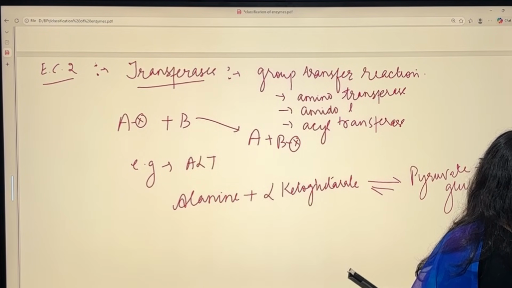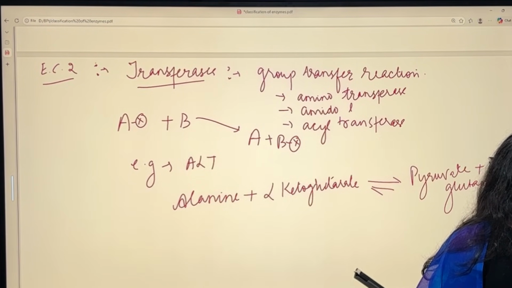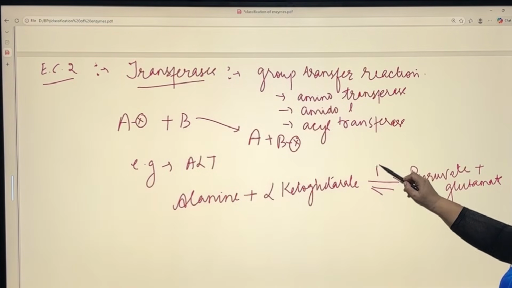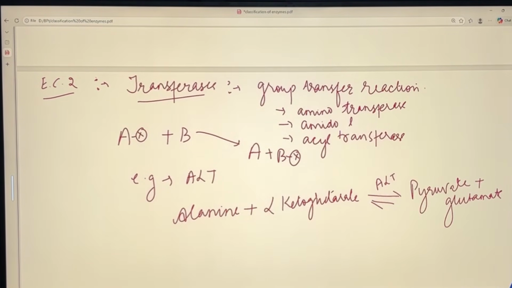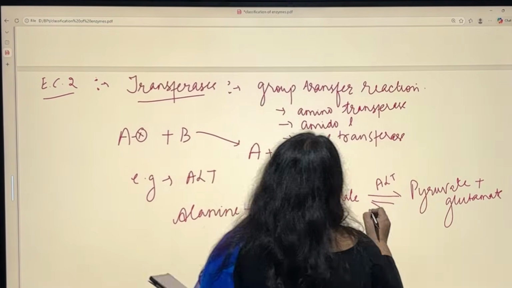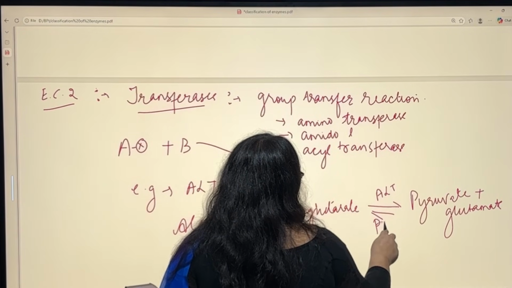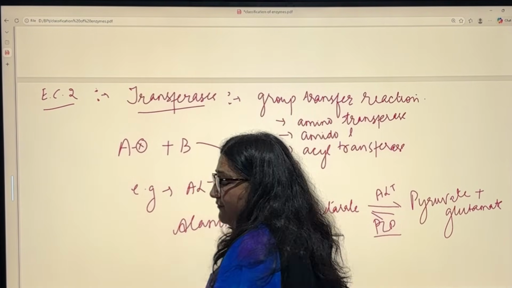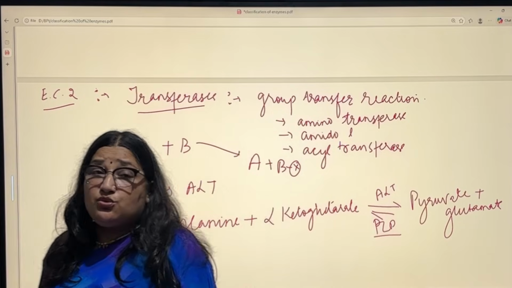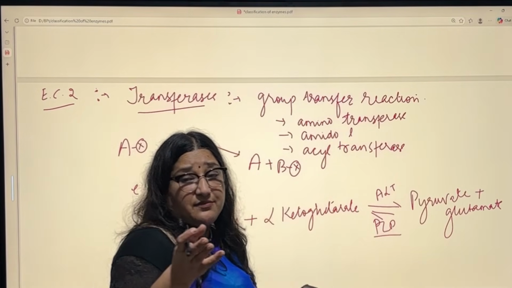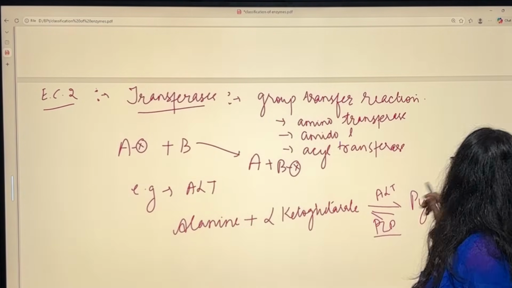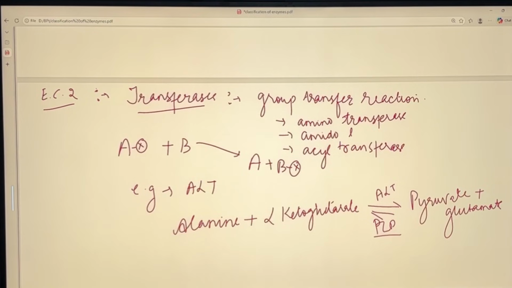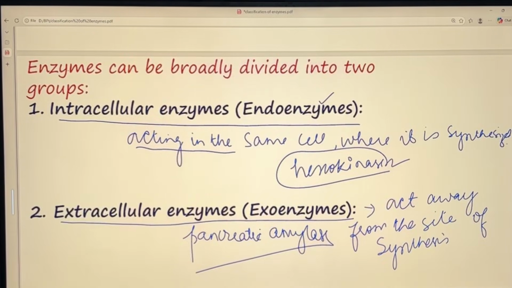This is a typical transamination reaction, catalyzed by alanine transferase, and here pyridoxal phosphate, PLP, is used as a coenzyme. Okay, let's move on to the next.